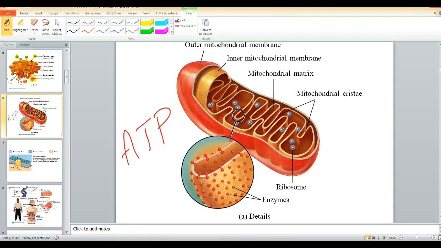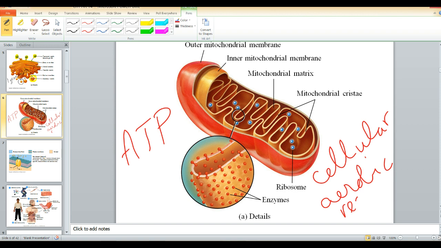They're going to produce ATP through cellular aerobic respiration. Okay, what this means, aerobic, what does that mean? It means with oxygen. So for us to produce the most amount of ATP that can be generated from an organelle, it will be through cellular aerobic respiration.